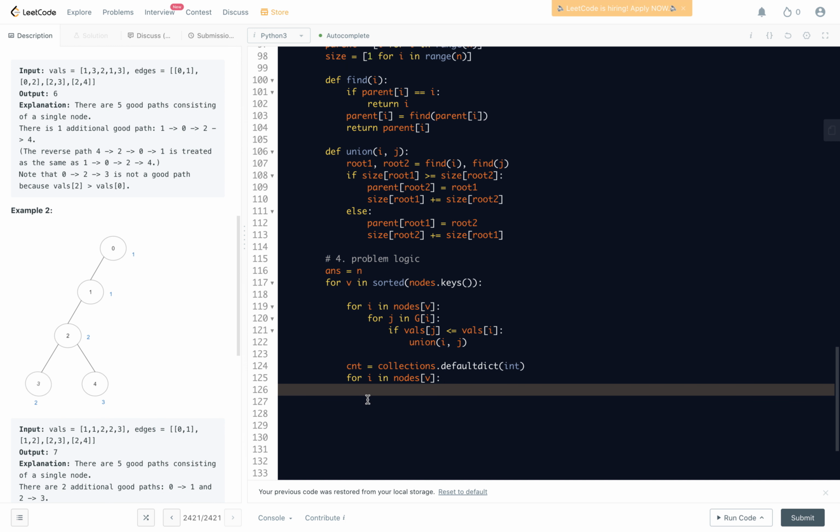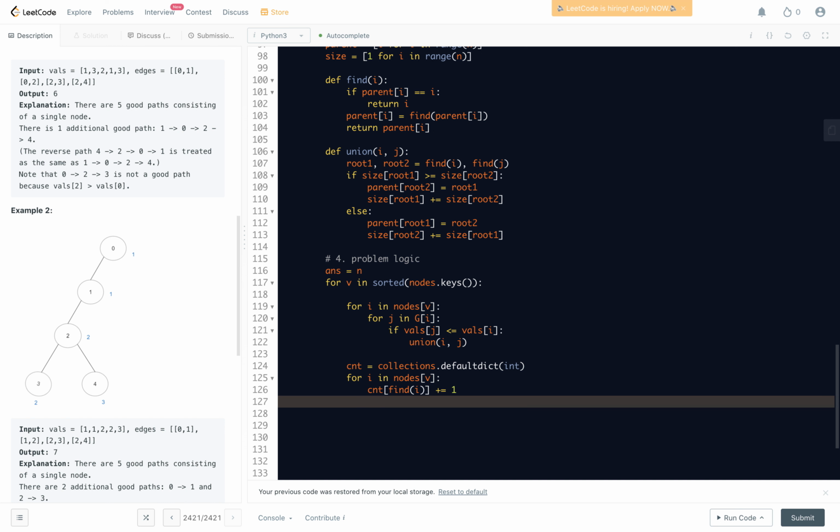So in total, if the nodes v have n nodes, we want to distribute these n nodes, or check these nodes, in different subtrees. So assume that we have 10 nodes, maybe 5 are in one subtree and the other 5 in another subtree. That's the purpose.